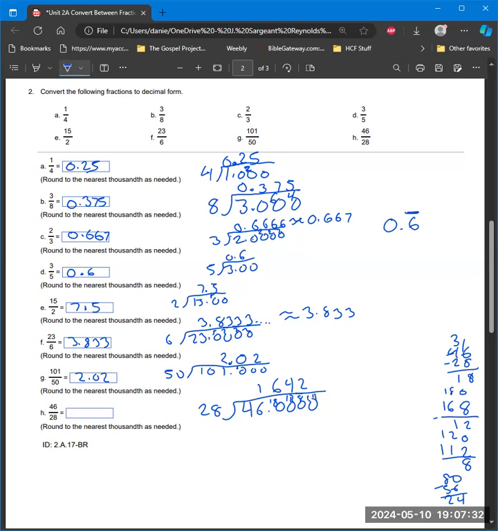And then 240, I don't think I've had that yet. 8 is too big. Let's try 7. So 240 minus 196.